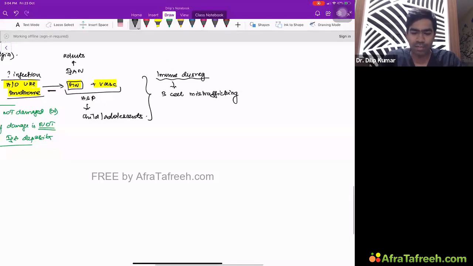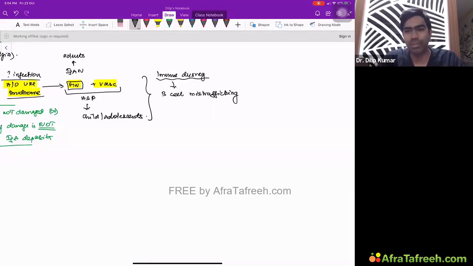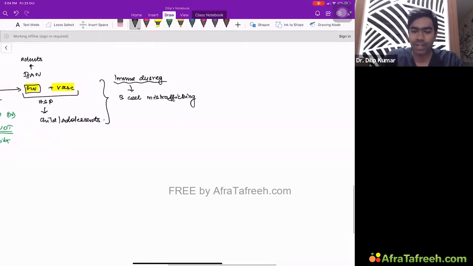Because in our body, we have different types of IgA molecules. We have IgA1 type, we have IgA2 type, we have many different types of IgA. So for example, if you take an IgA molecule, you can have a mucosal form of IgA, or you can have a plasma IgA.